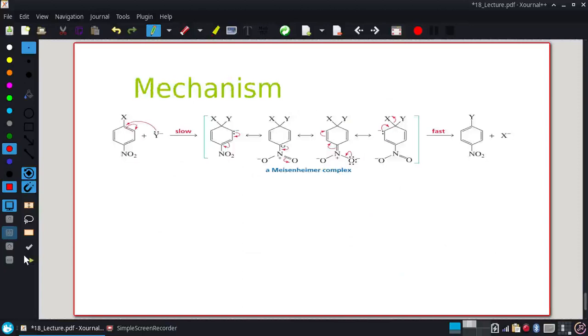When we actually have that nucleophile come in and attack, we form the same type of complex that we did before, but instead of a positive cation, it's now an anion. And it moves to those ortho positions and the para position while keeping that negative on that ring. But when we have a deactivator in that ortho or para position, that's going to pull that charge out onto our deactivator.